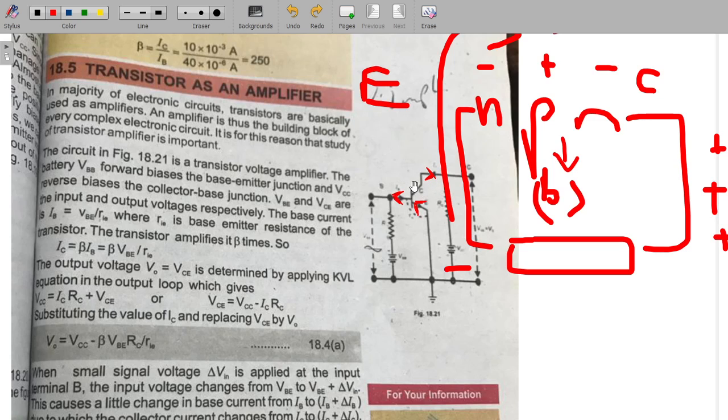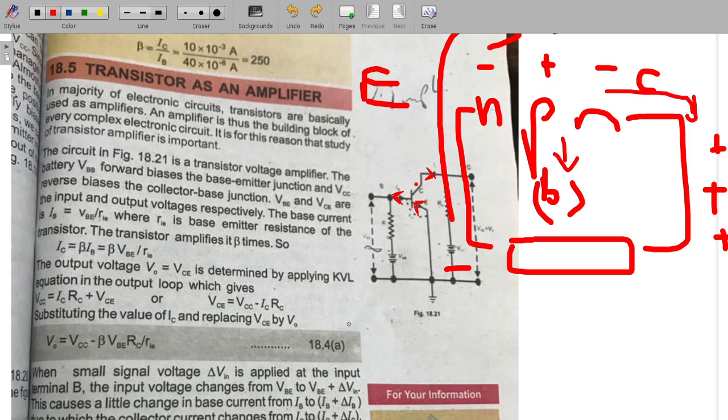So the current which actually flew into the collector applies the voltage across these two points, this one and this one. So we have this voltage, and their sum is this voltage between them.